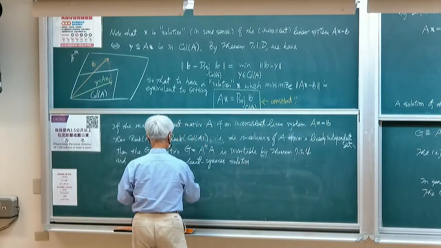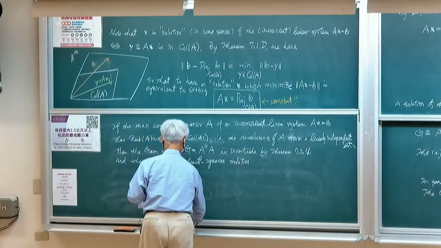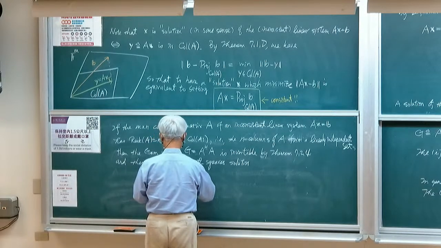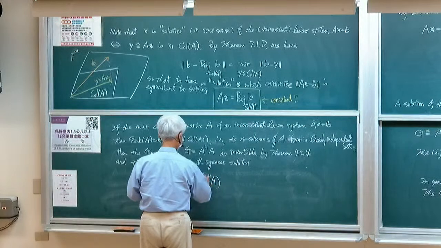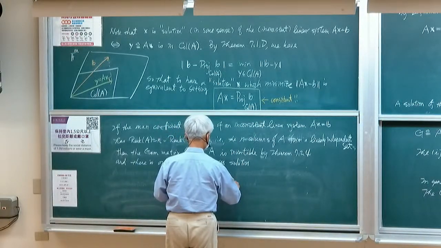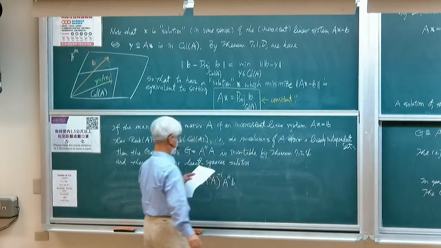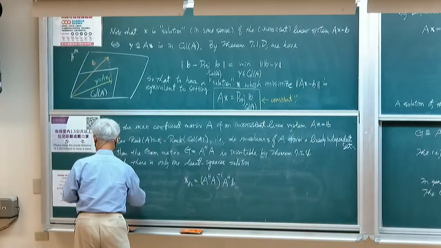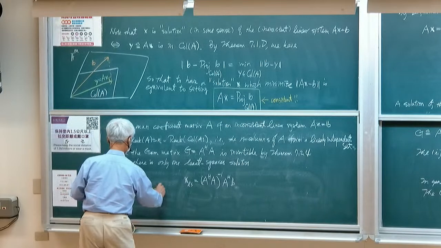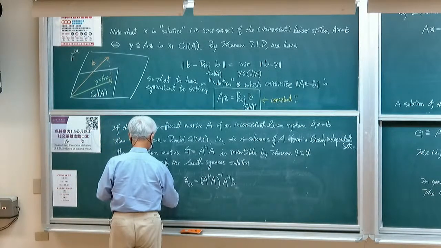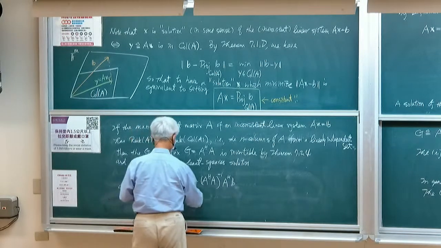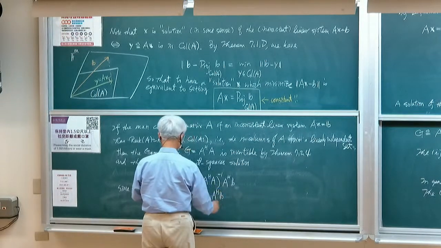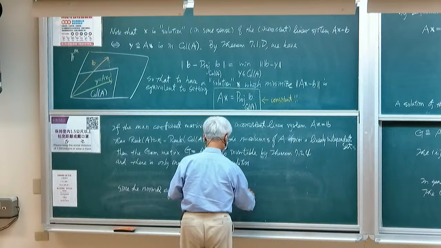We call it x_LS. It's (A^H A) inverse A^H b, since the normal equation A^H A x equal to A^H b has a unique solution.